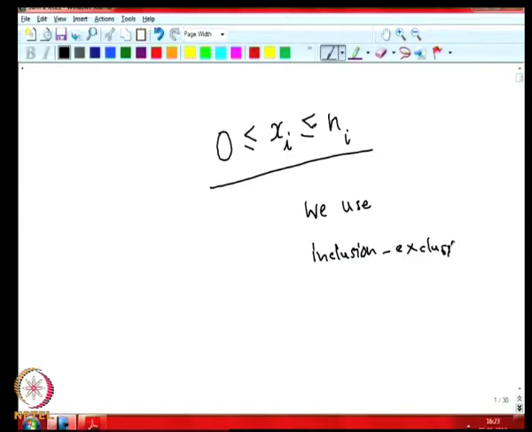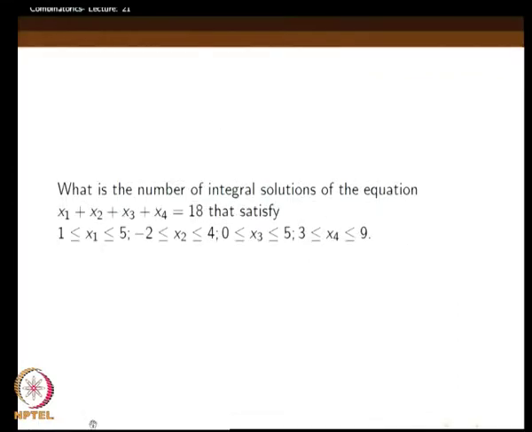But in this problem even this form is not there. The first variable is between 1 and 5, the second is between minus 2 and 4. So, we have to work on the lower bound for each variable first. We should make each of them 0.